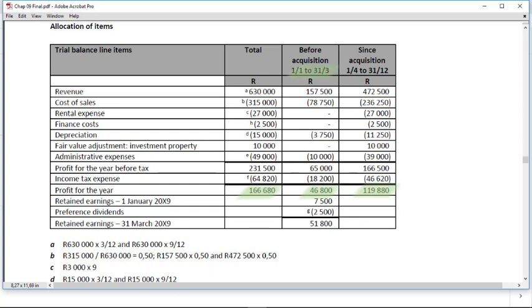To that, you add the retained earnings on 1 January 20x9, which was given on the trial balance. These two amounts added together represents your retained earnings at acquisition date of S. There was no ordinary dividend declared in those 3 months.